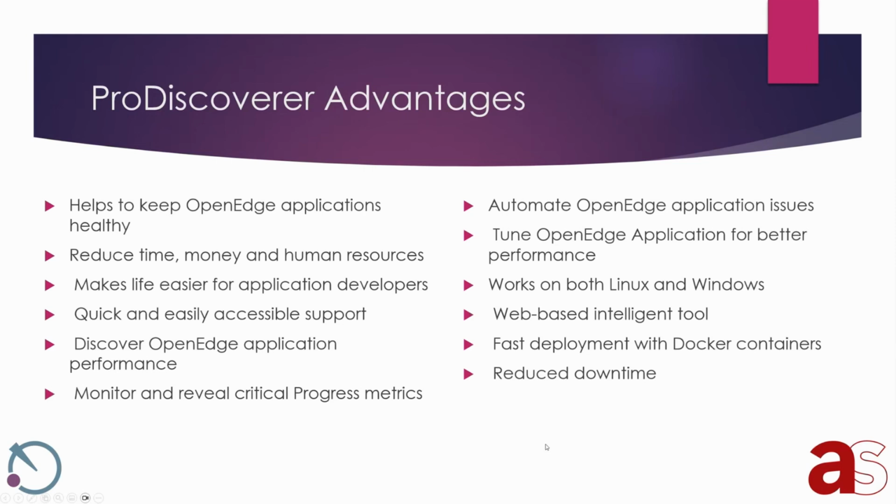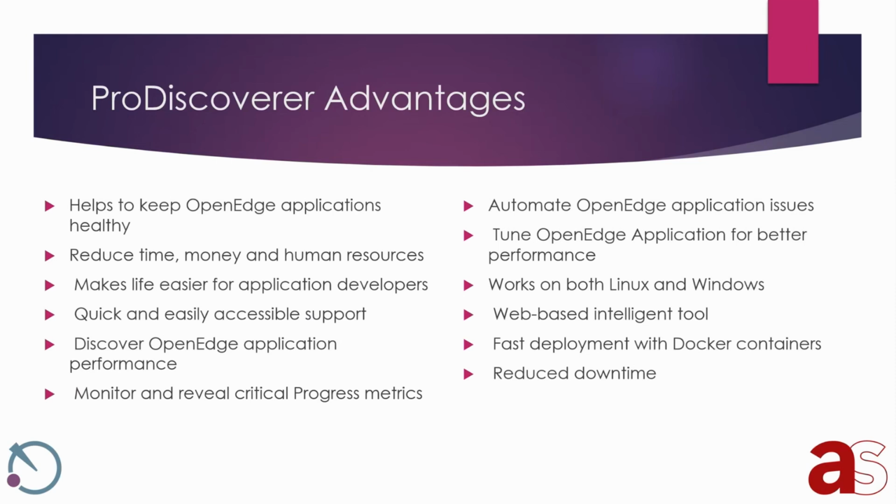What kind of advantages do you get out of a tool like ProDiscoverer? Well, first of all, the most important thing is really to help you keep your OpenEdge applications healthy, reduce the time and money that you need to spend on maintaining it, make it easier both for developers but also for everybody else in the organization, like I mentioned.